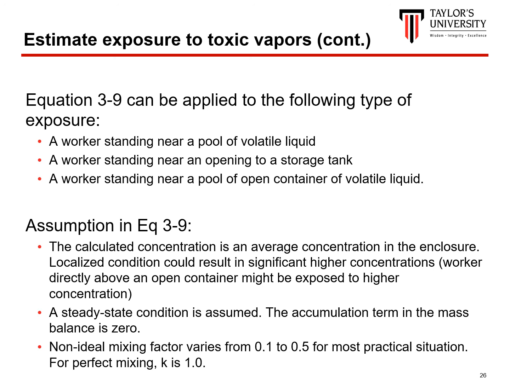Another assumption made is that the steady state condition is assumed. And also the non-ideal mixing factor varies between 0.1 to 0.5 for most practical situations, and for perfect mixing conditions, K is 1.